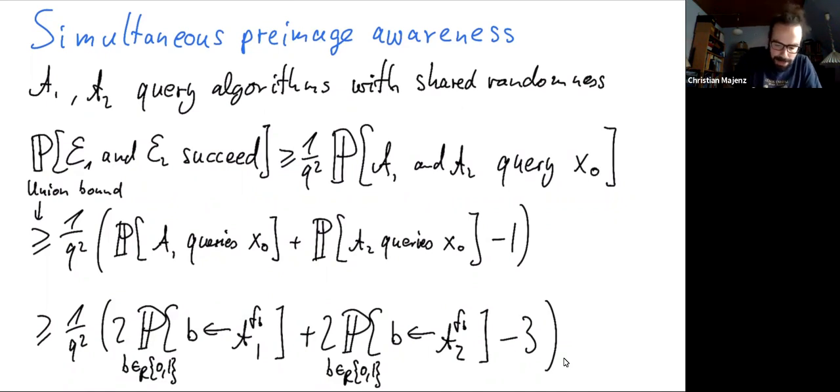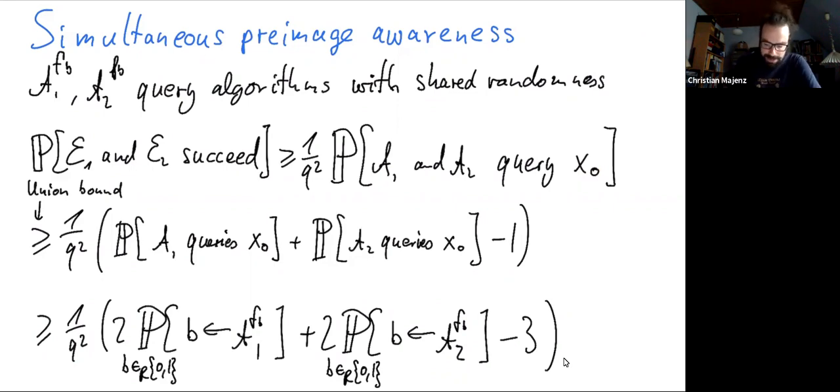They're both provided with oracles fb, and they are both supposed to guess the bit b. Now you can construct the two extractors. It turns out that the probability that they succeed simultaneously is lower bounded by 1/q squared times the probability that A1 and A2 both query x0, just by the construction of the extractors.